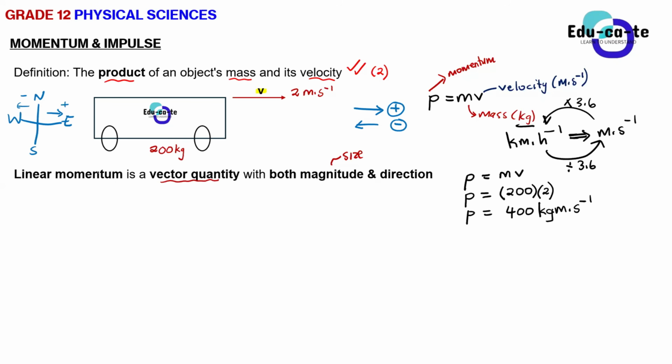When you substituted our velocity of 2 meters per second to the right, we found a positive answer. So the direction of the linear momentum is always the same as the direction of the velocity. Do you get the sense?